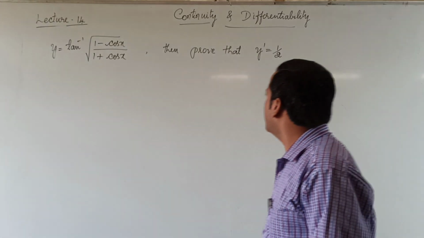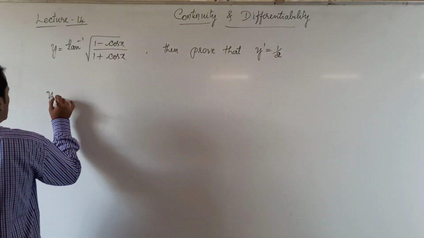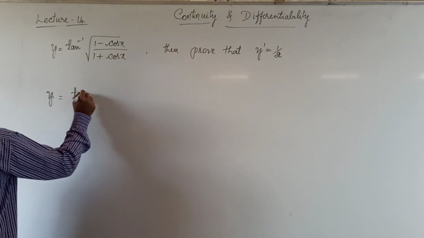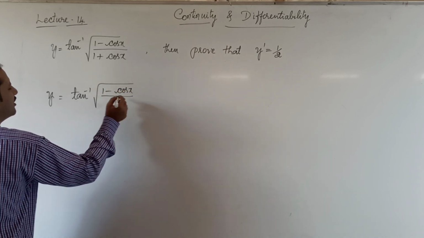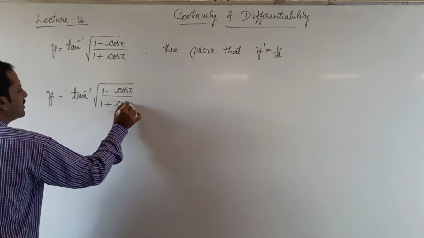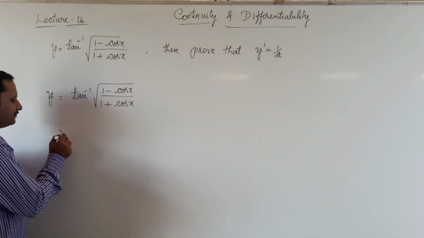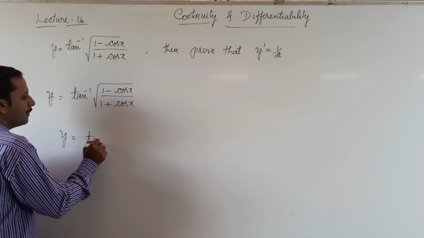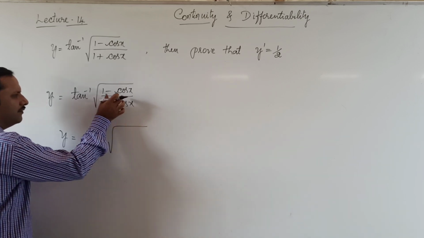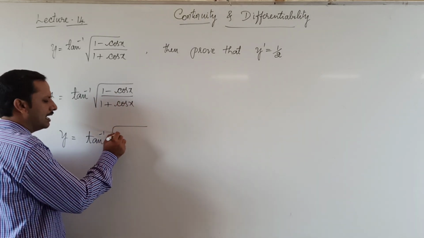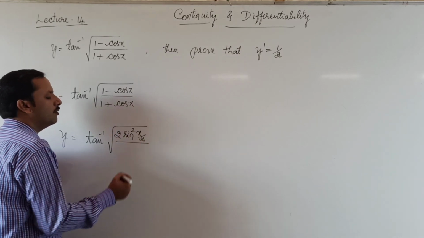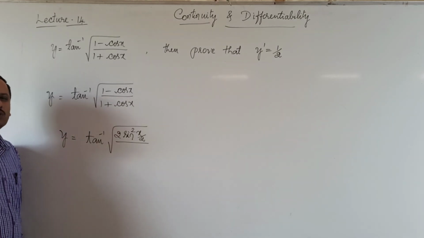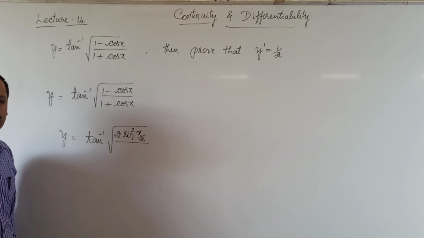So we have y equal to tan inverse of root of 1 minus cos x divided by 1 plus cos x. Now 1 minus cos x we can write as 2 sin square x by 2, as you know, 1 minus cos theta is equal to 2 sin square theta by 2, which is a very well known formula that we have learned in our first class.